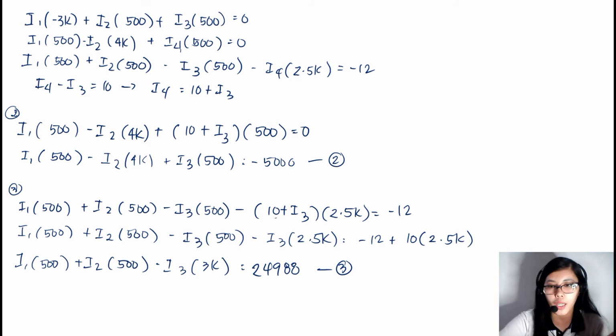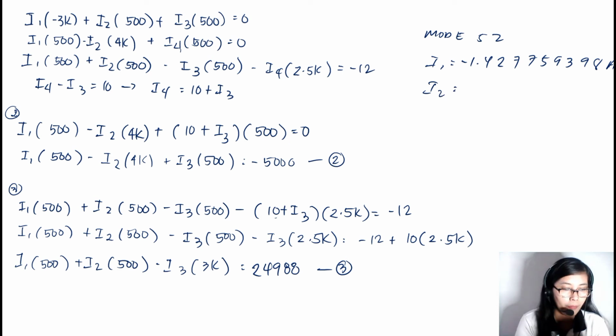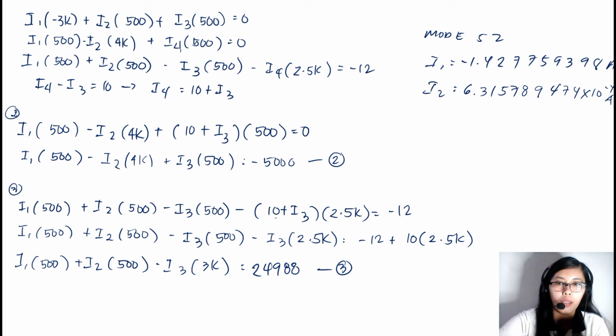So we now have three equations, three unknowns with I1, I2, and I3 only. We can use mode 5-2 or the calculator technique, and we can have the answer as negative 1.427759398 ampere. Our I2 will be 6.315789474 times 10 raised to negative 4 ampere.